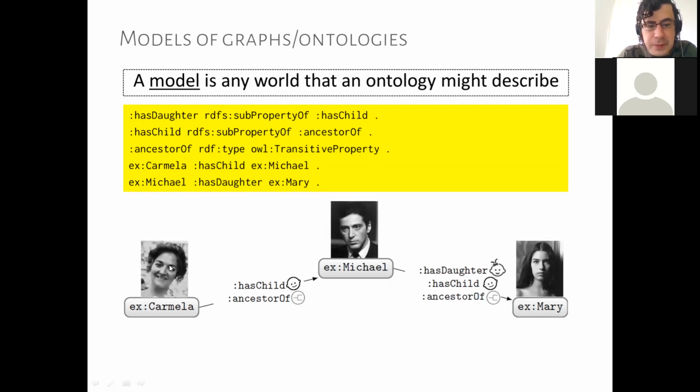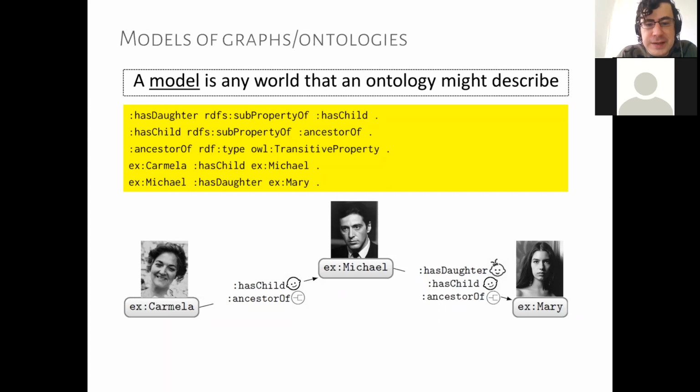Right. So when we take our interpretation of this, we're mapping them to some elements of some set. We can imagine this as being the actual people or characters in the movie, for example. And we're mapping the properties as well to these abstract relations that themselves refer to pairs of individuals.